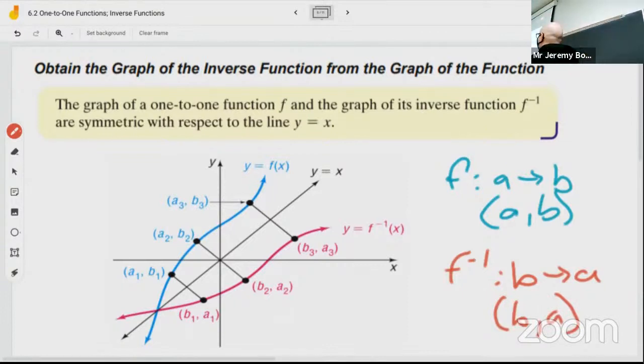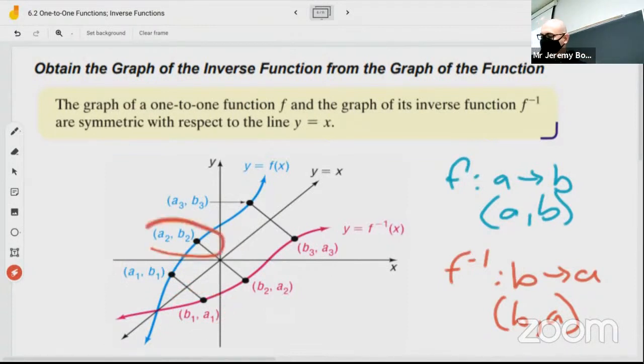So if you have the graph of the function, all you need to do to find the graph of the inverse is to reverse the ordered pairs. So for this graph here, you have A sub 1, B sub 1. That means the inverse is going to have B sub 1, A sub 1.